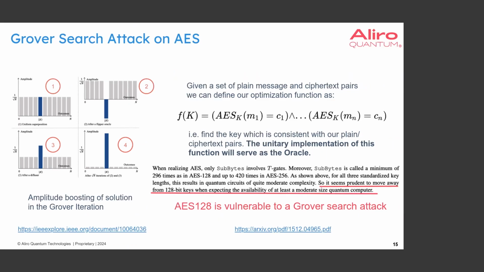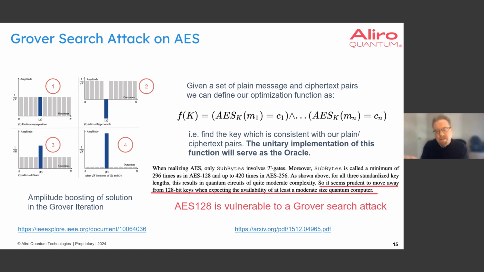I've taken an example from a publication that looks at the resource requirements of a quantum implementation of AES for the purpose of attacking AES. They proposed a satisfiability function, f of k, which takes a candidate key.